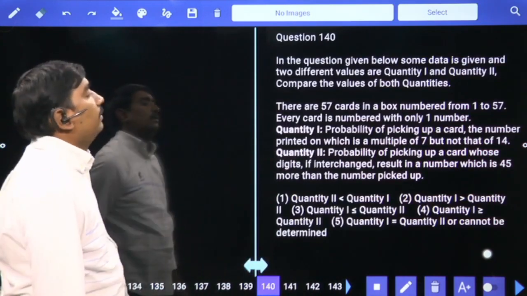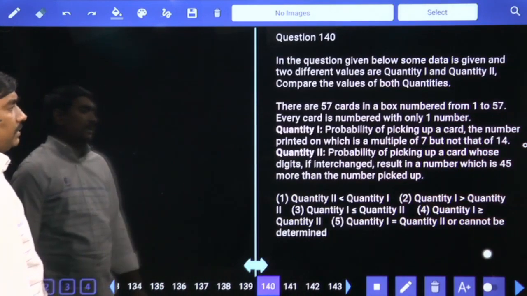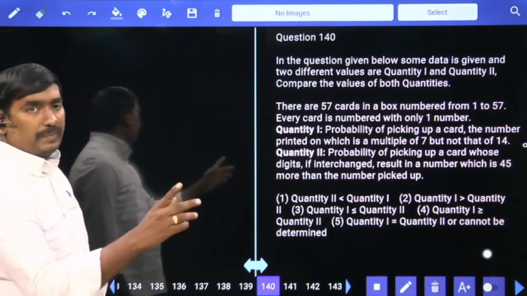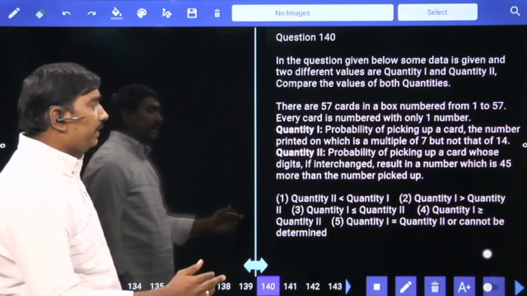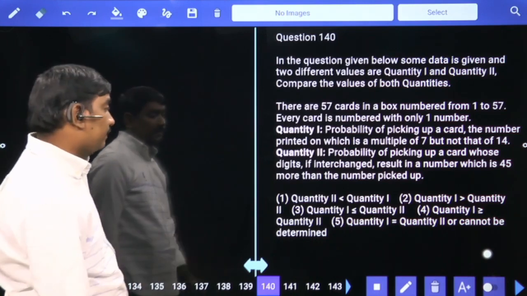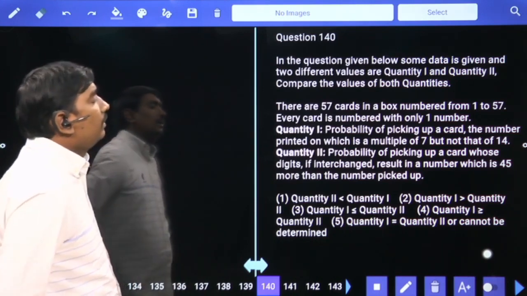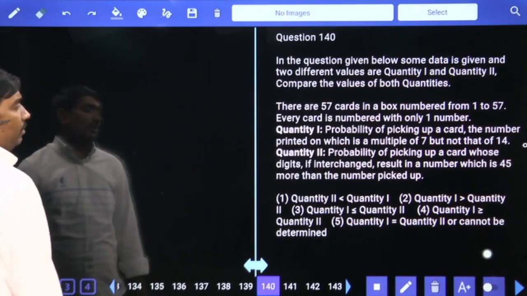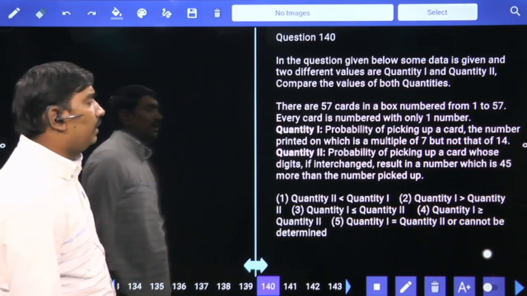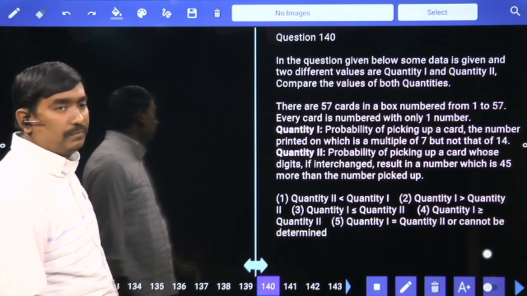Next. There are 57 cards in a box numbered from 1 to 57. Every card is numbered with only one number. Quantity 1. Probability of picking up a card whose number is a multiple of 7 but not of 14.